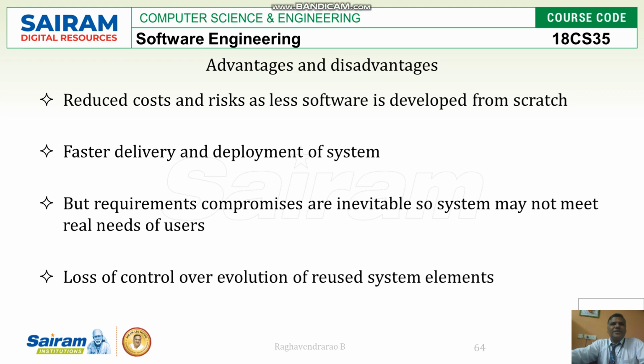Then requirements: you may have to compromise on some things. Inevitably the system may not meet some requirements; at that time you have to compromise on some of the things. Loss of control over evolution of the reused system and elements.